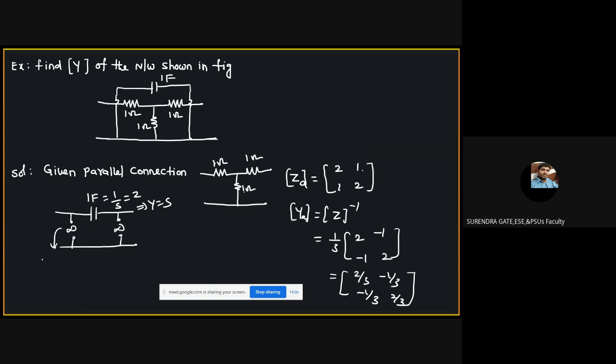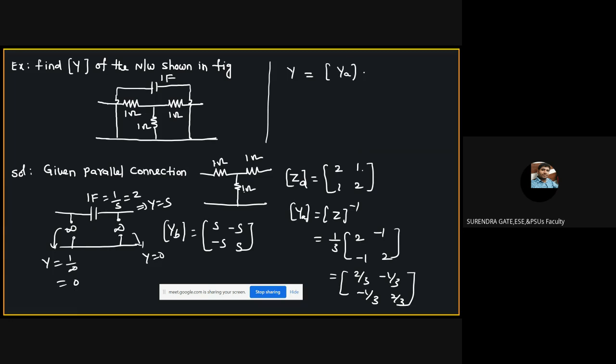Then what is the admittance? Admittance equals 1 by infinity, that is 0. That is, Y is also 0. Then we can easily find the admittance matrix. YB is S, 0 plus S, minus S, minus S, 0 plus S. Clear? Now what is the resultant admittance matrix? The resultant admittance matrix is YA plus YB.